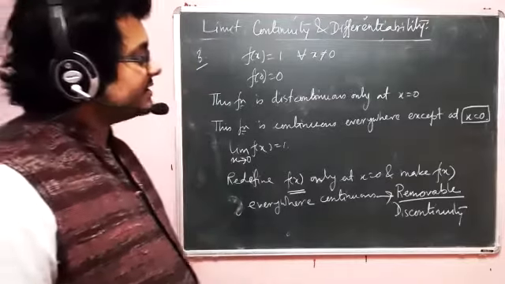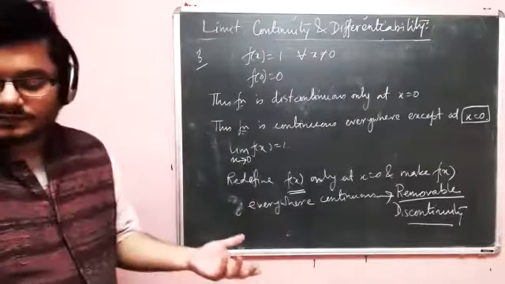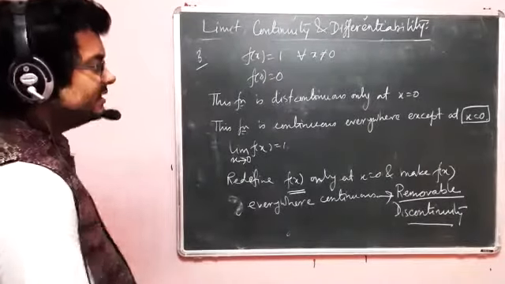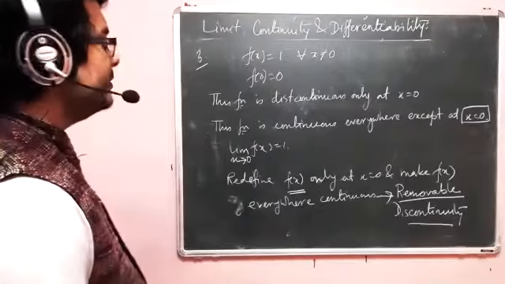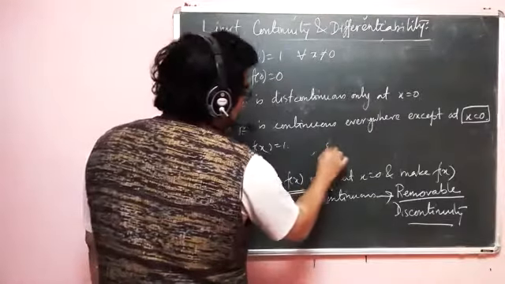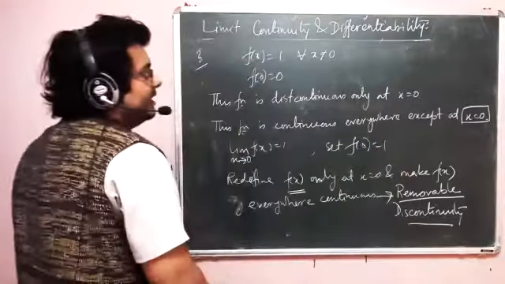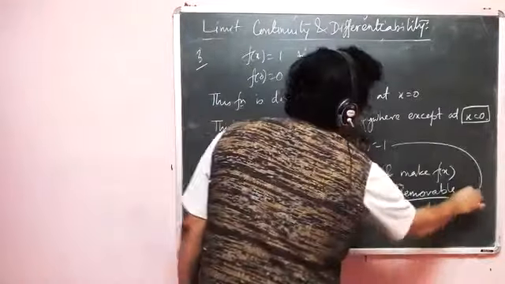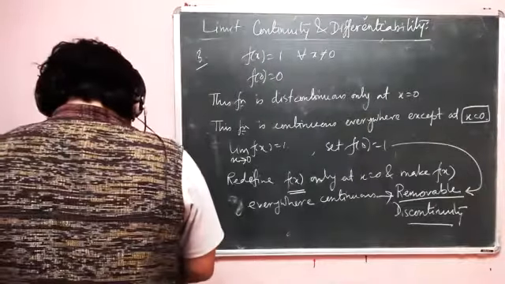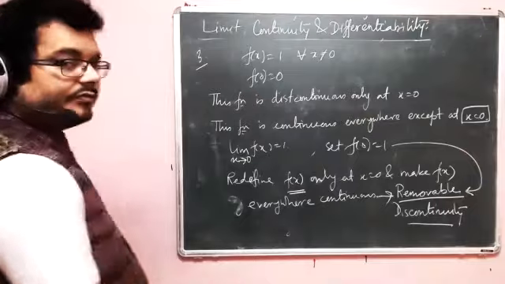This removable discontinuity again generates an entire class of problems where you will be asked how to remove the discontinuity, in which case you will simply set f(0) equal to 1, and this will remove the discontinuity that we observe in this function.